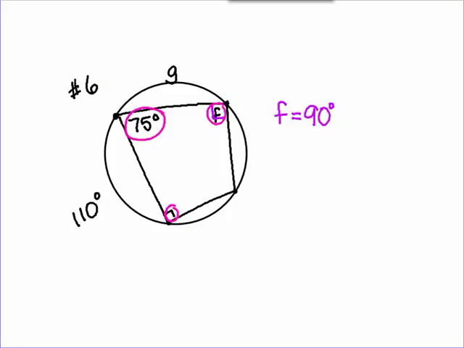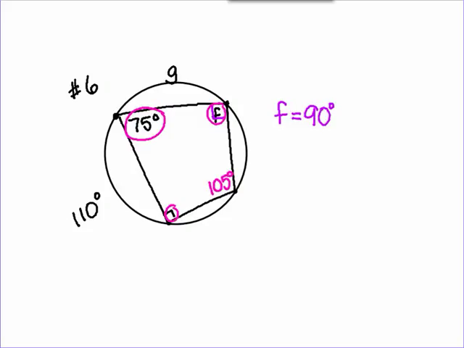So what would this one be down here? Now remember, they're supplementary. What would this one be? 105 degrees.